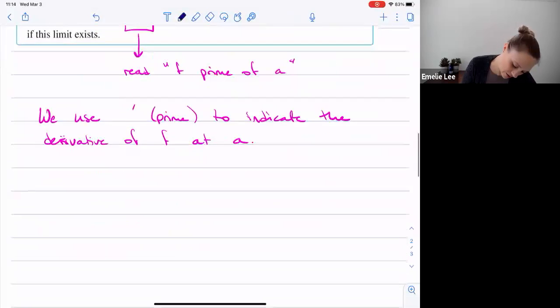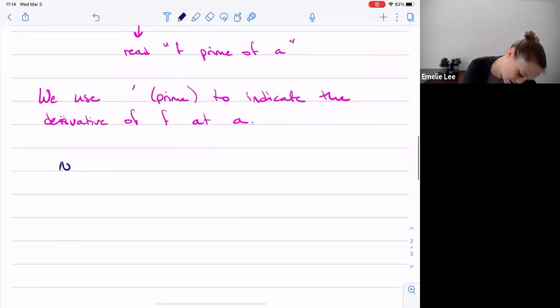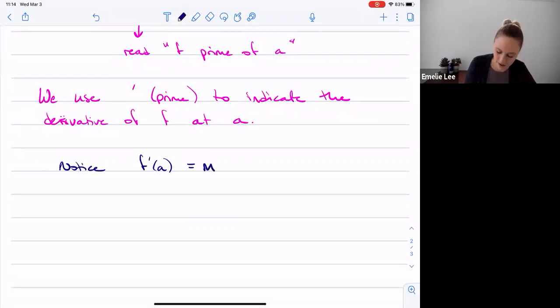But I want you to notice that f prime of a is the same as m, which is the same as the velocity at a, depending on the situation. Yeah? Usually this connection, the derivative being the slope of the tangent line, is the one that we use the most. Okay.